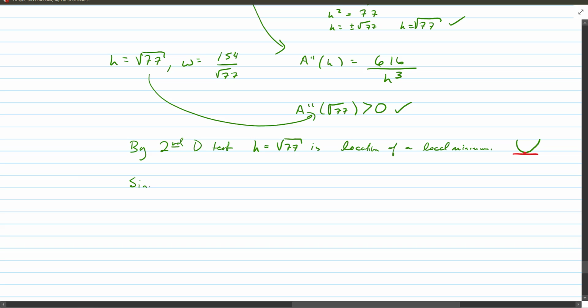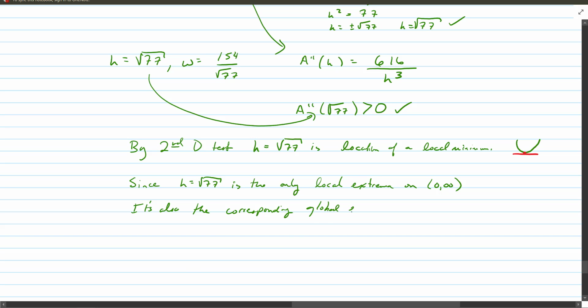Now, since h equals the square root of 77 is the only local extrema on 0 to infinity, it's also the corresponding global extrema. What I've just stated there is that useful theorem which we saw in our section 4.5 notes.